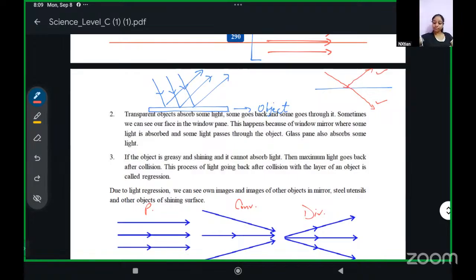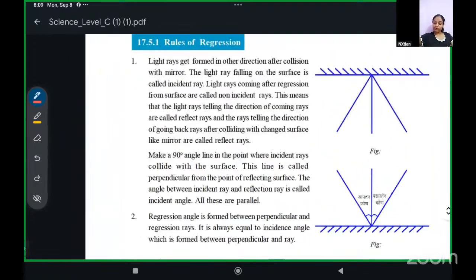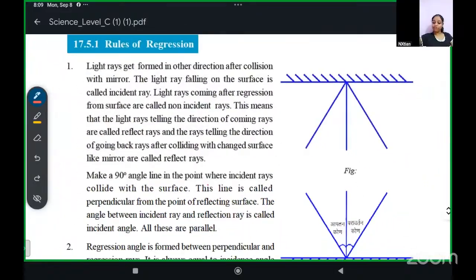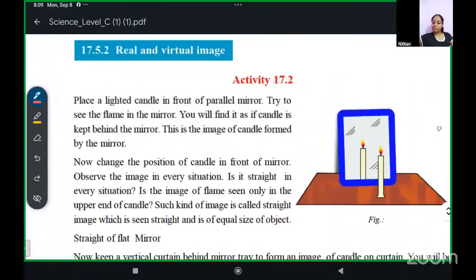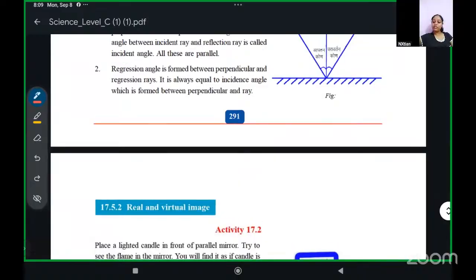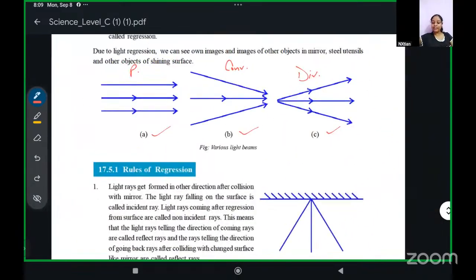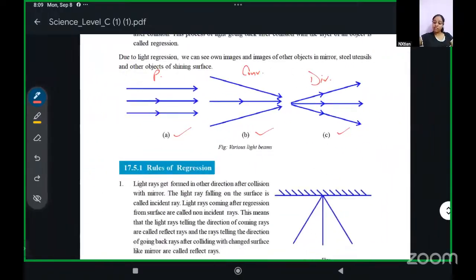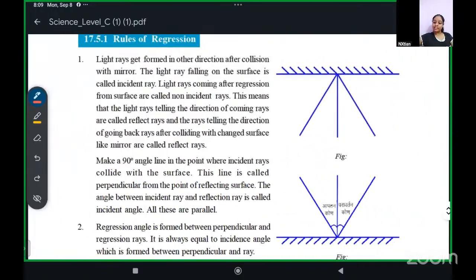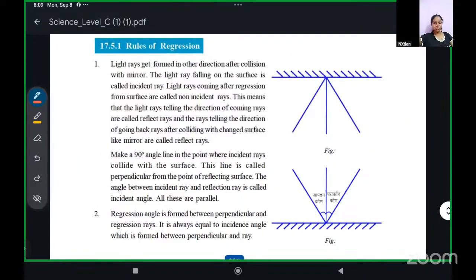The rules of reflection we will do tomorrow, and then we'll do real and virtual image. First, we'll do the rules of reflection and diagrams, and then real and virtual image.